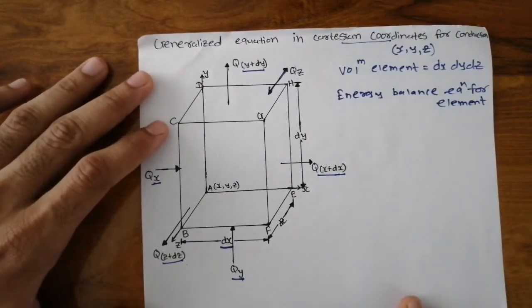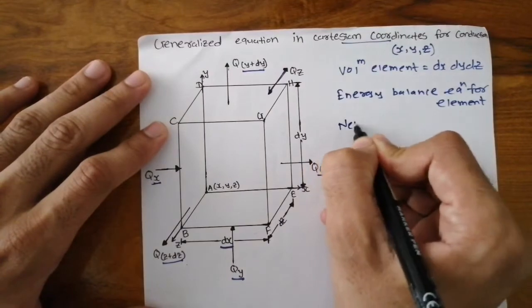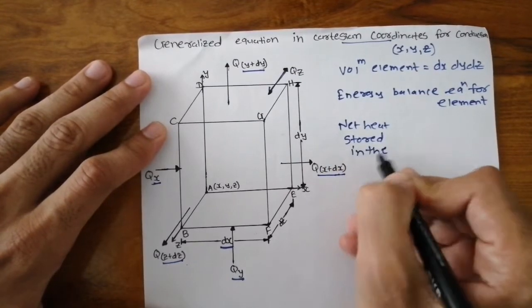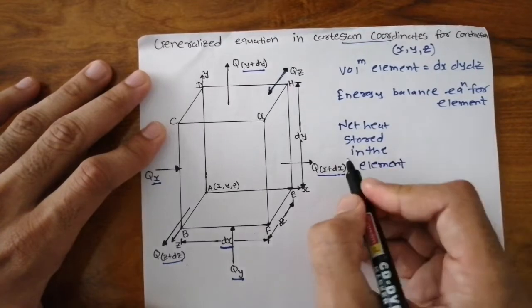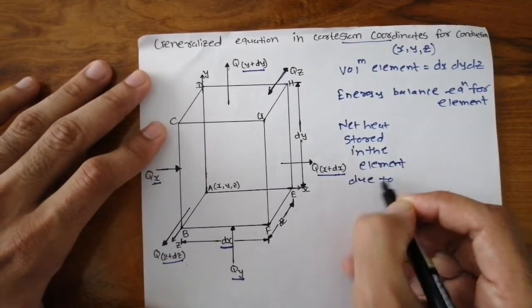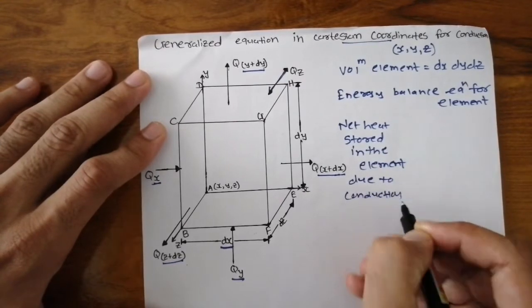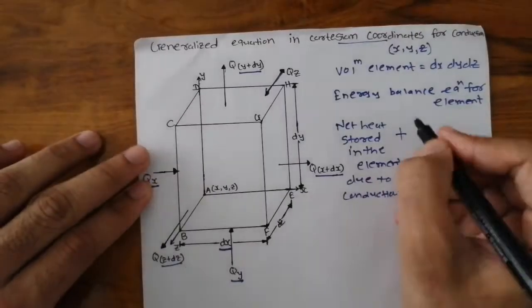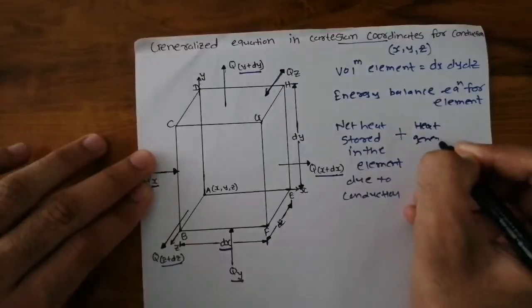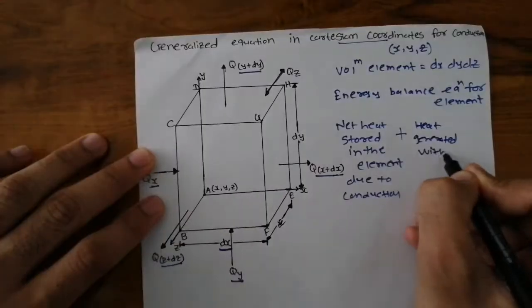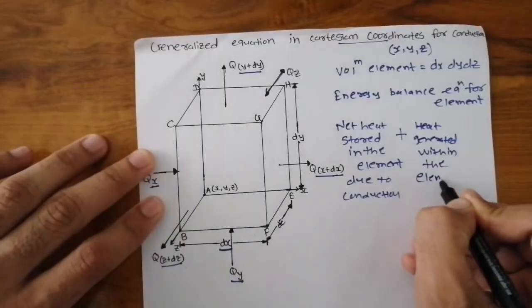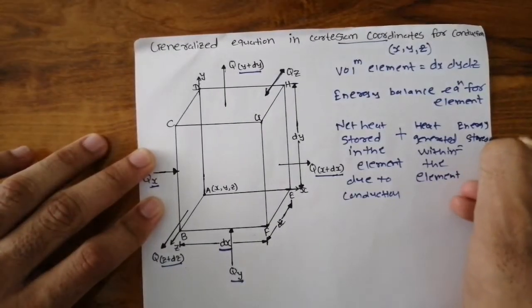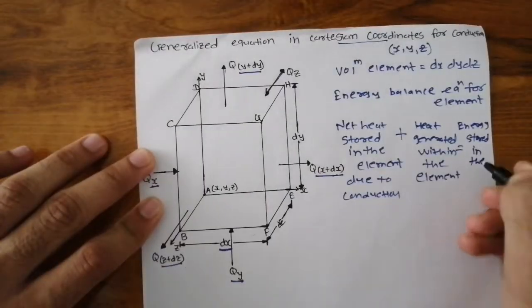First we consider the net heat stored in the element due to conduction from all directions, plus the heat generated within the element, is equal to the energy stored in the element.